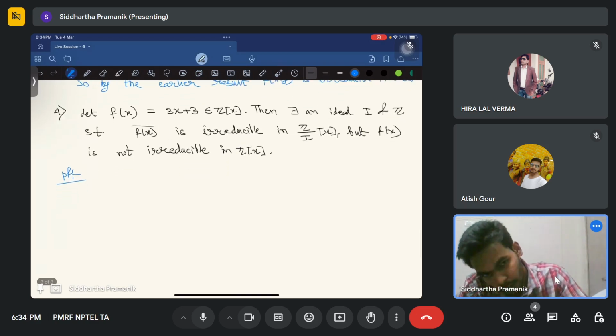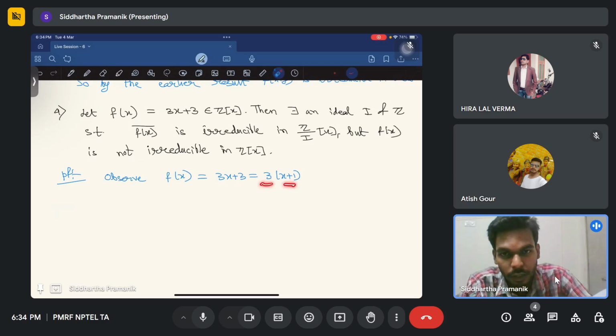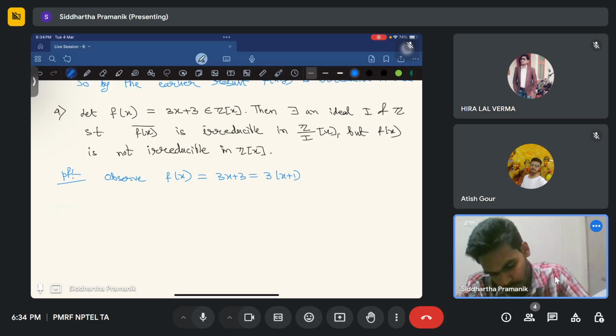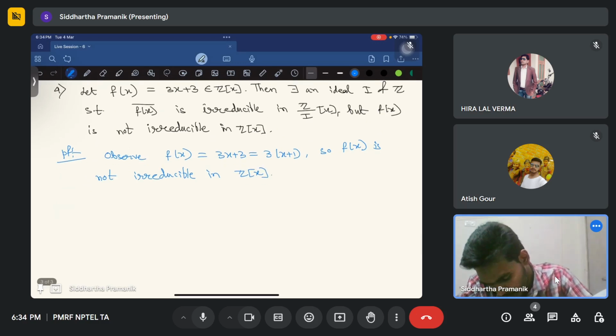Okay, so observe, your f(x) can be written as 3 times (x plus 1), and here 3 and x plus 1 are both non-zero non-units. So f(x) is not irreducible in Z[x]. Now take I equal to the ideal generated by 2, which is basically 2Z.